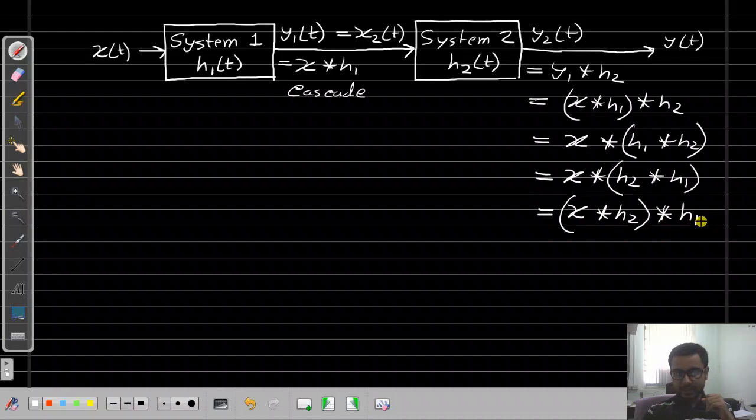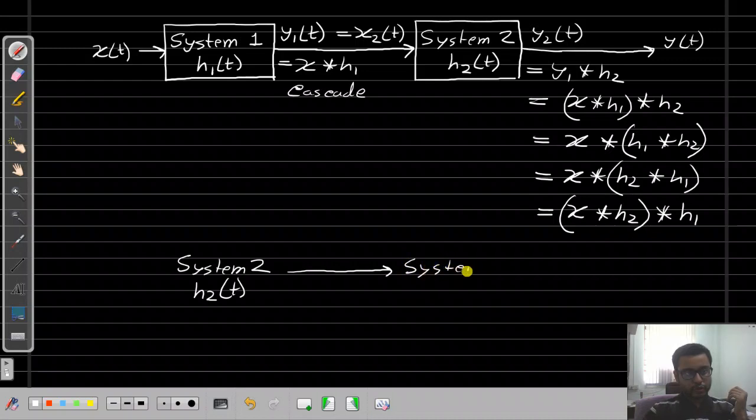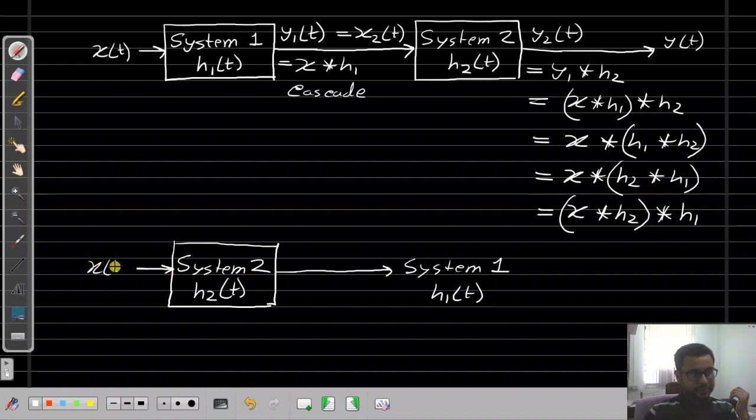Now what does this mean? This means if I connect a system with impulse response h2 followed by another system whose impulse response is h1t, and these two are connected in cascade, so that the input comes here xt and the final output is here.